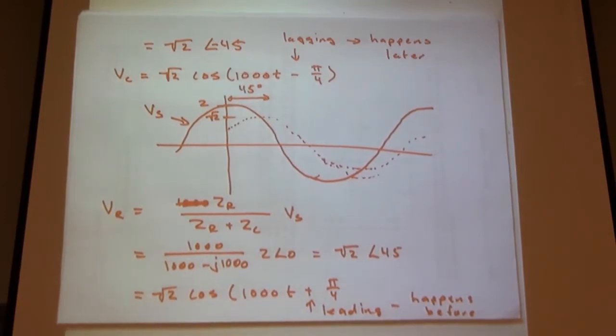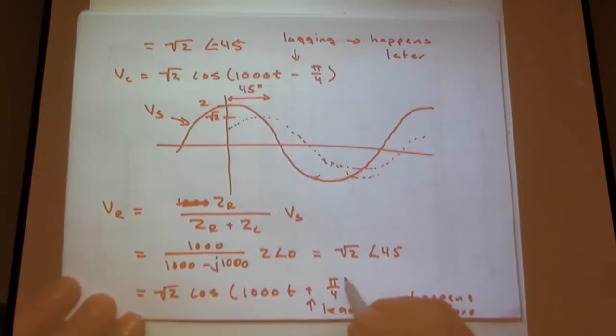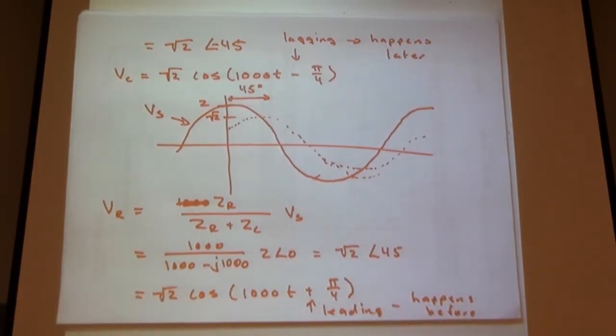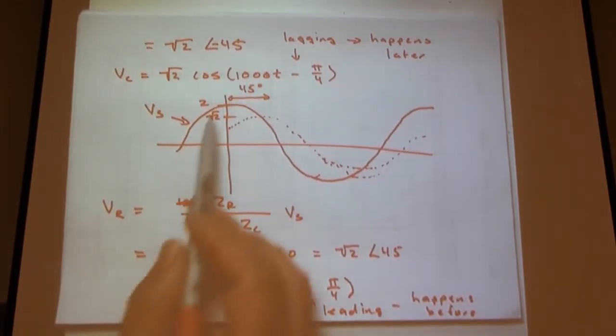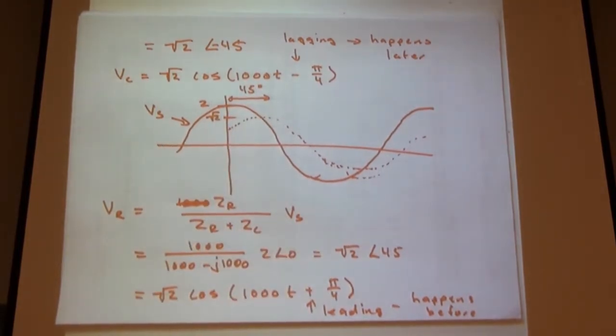So negative phase means lagging, positive phase means leading. The peak of a leading signal happens before the peak of what? What your reference is. So our source is our reference. So for a leading phase, it has to peak before that. That's right.